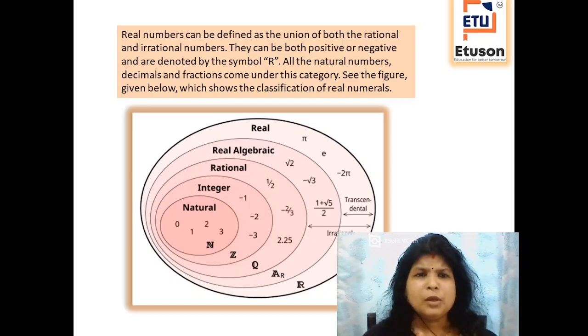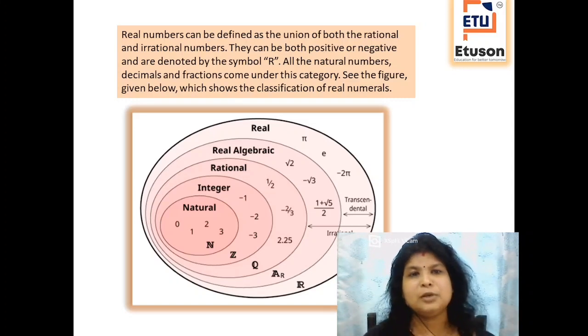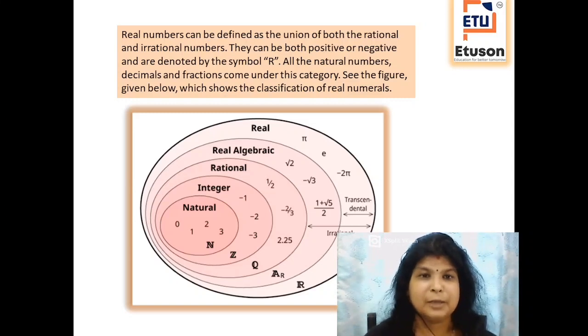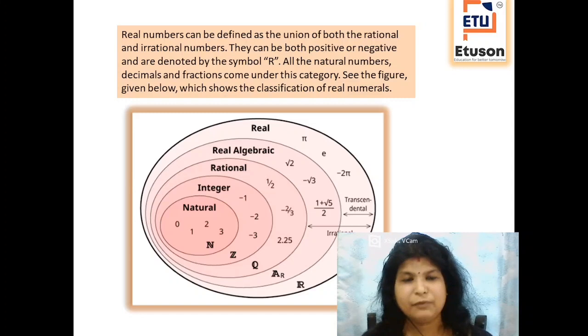When fractions come into the picture, we can express every kind of number in terms of fraction, maybe with denominator 1. That's why the definition says that all natural numbers, decimals and fractions come under this category. You can get a clear picture from the Venn diagram of the number system in the slide.